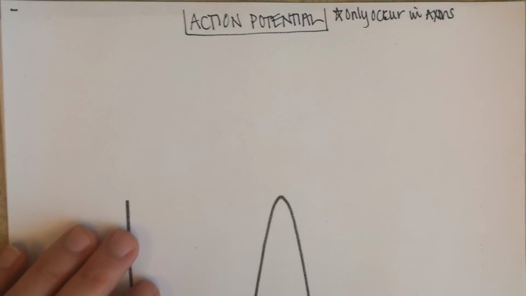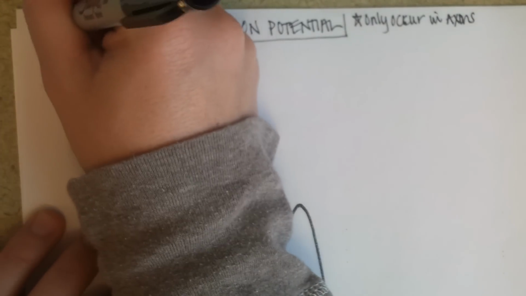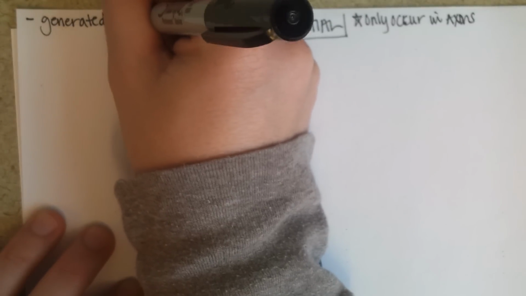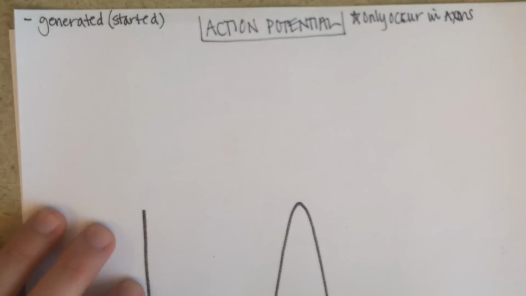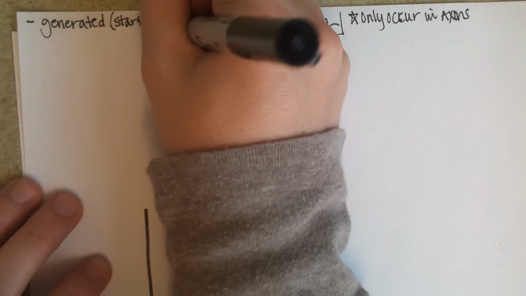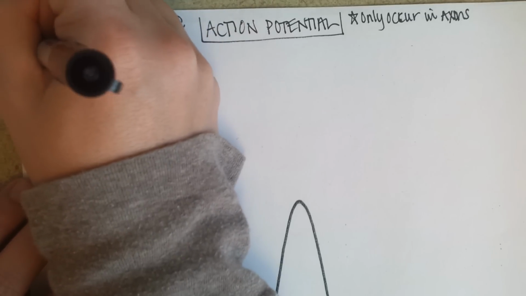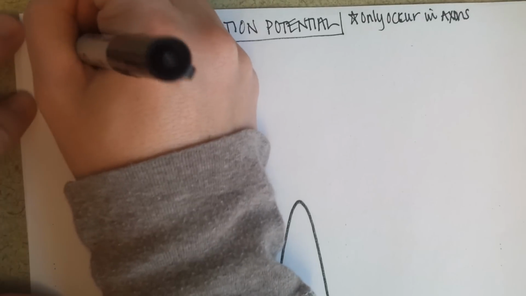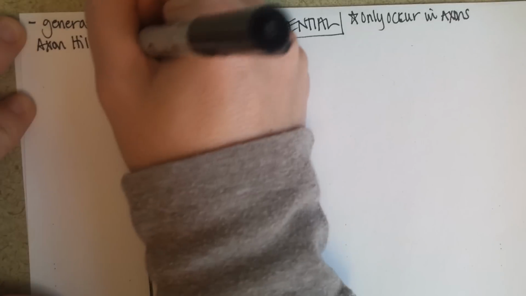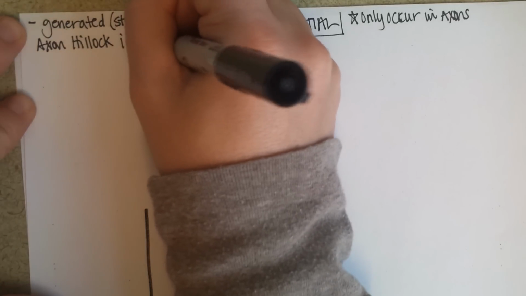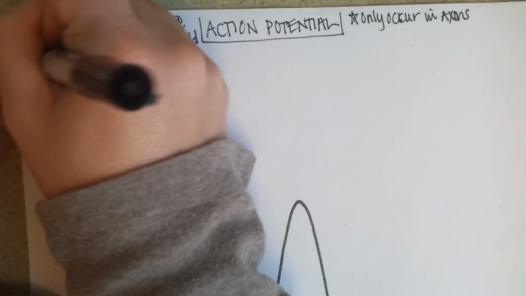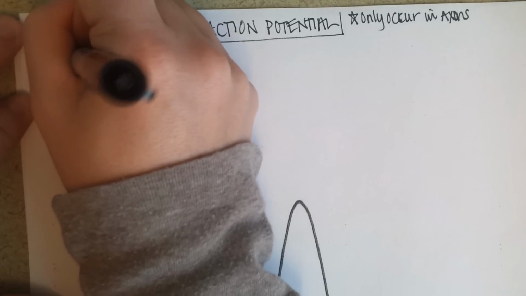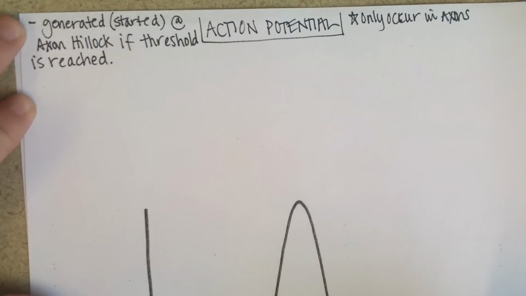Action potentials, we're going to need a lot of room on here, are generated, another word for started or initiated, at the axon hillock if threshold is reached.